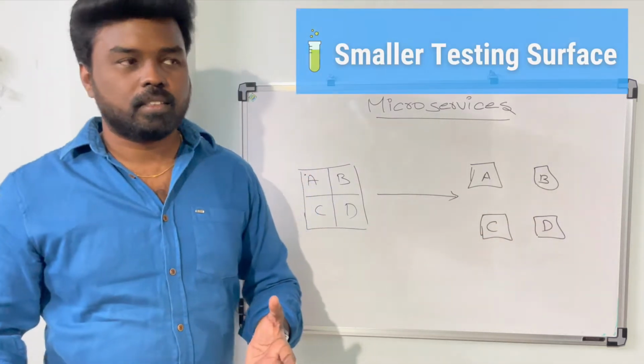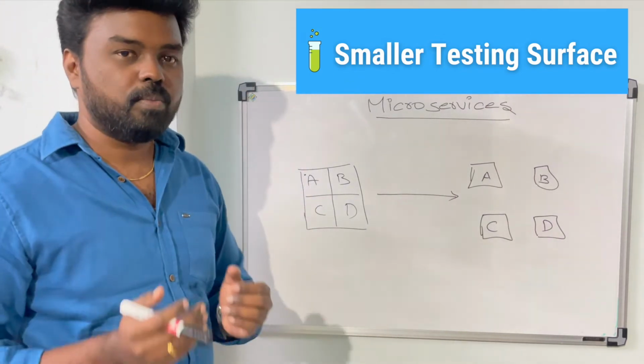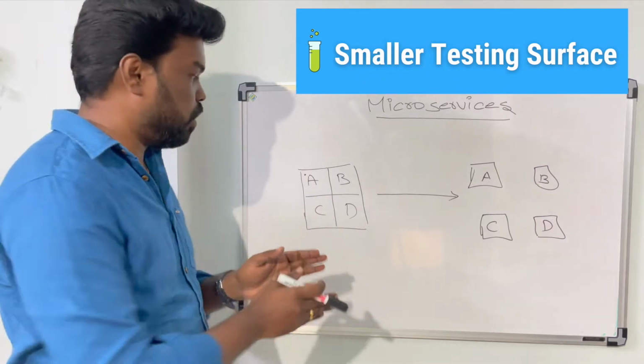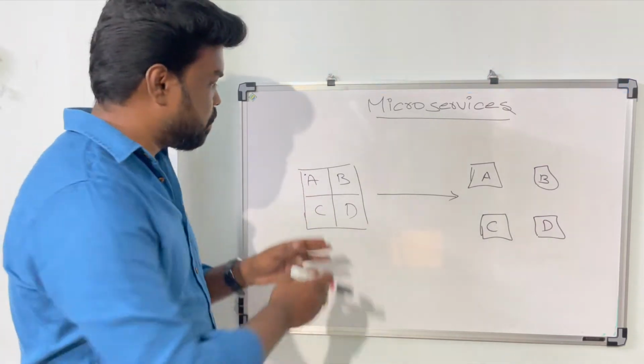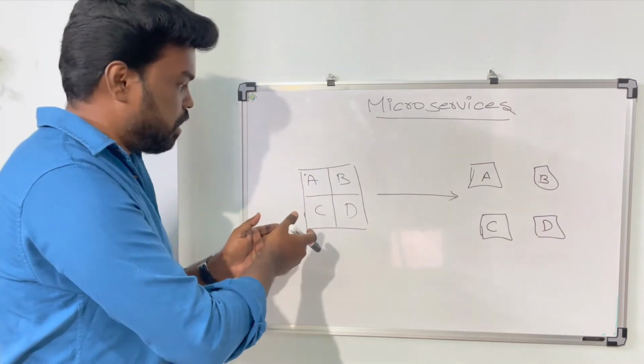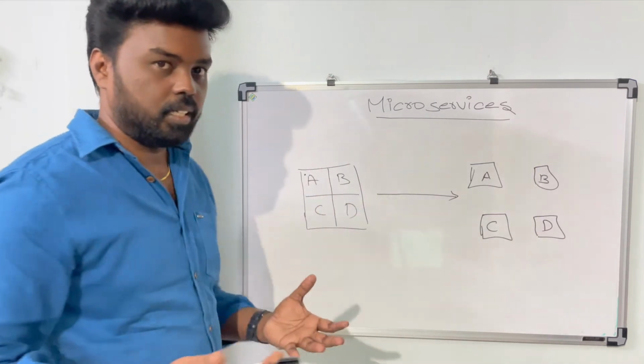Another advantage is a smaller testing surface. With a monolithic application, when you make changes to one module, you can't test only that module, because making changes to module A might affect the other modules as well. All the modules are embedded into the same unit and they are highly interconnected.